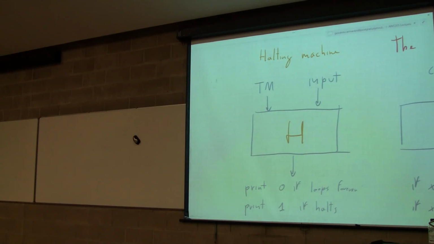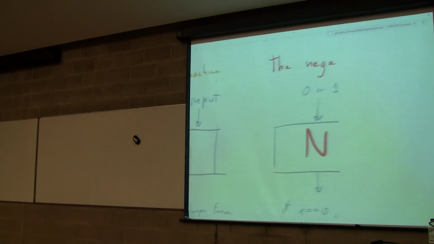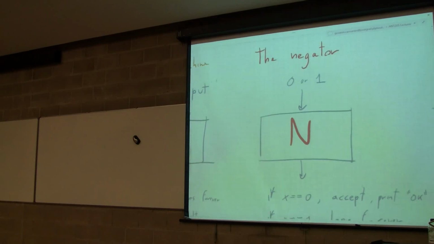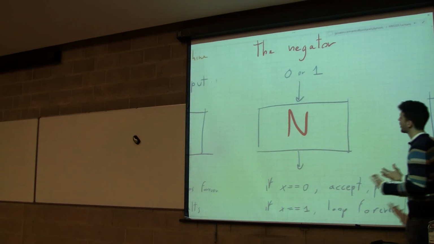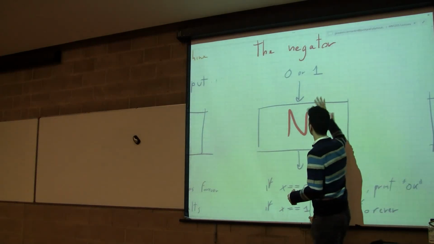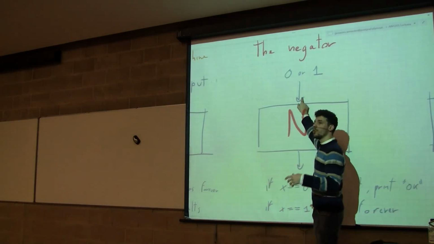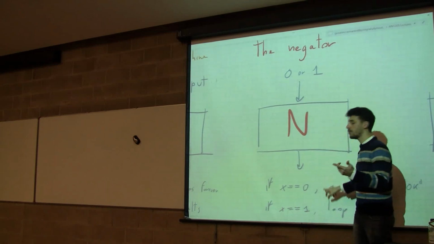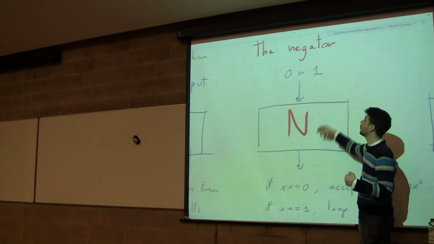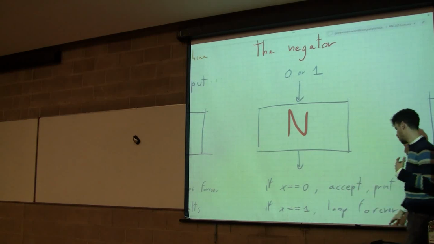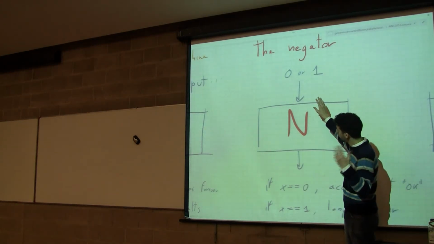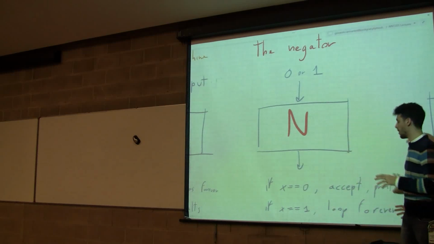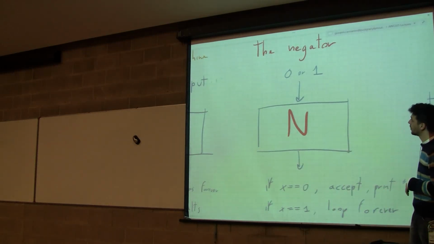I'm going to tell you about two other Turing machines, which we can absolutely build very easily. I call this the negator. It sounds really cool. So the negator N, if you input a 0, it gives you a 1. If you input a 1, it gives you a 0. Oh no, actually, sorry. If you input a 0, accept and print OK.